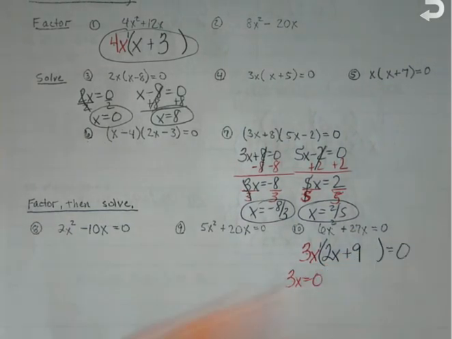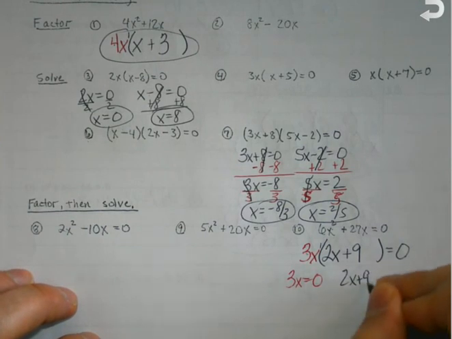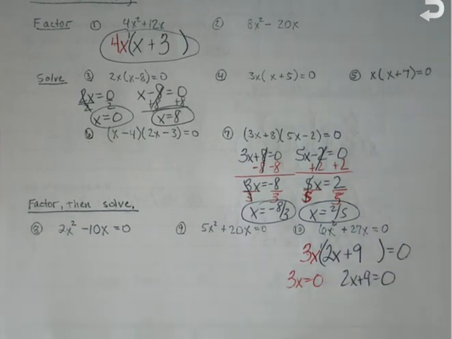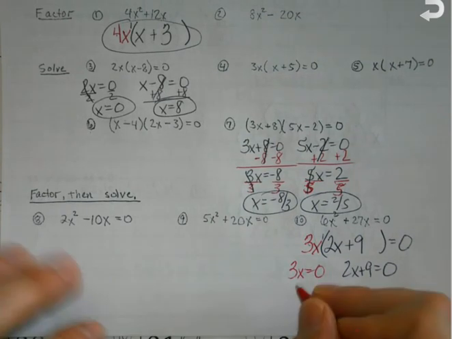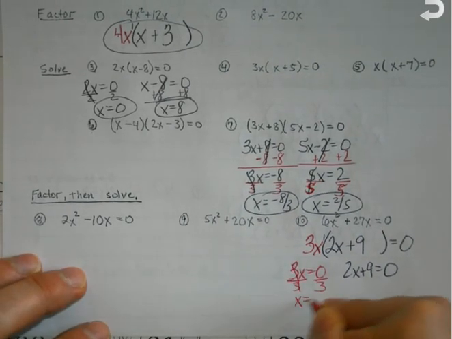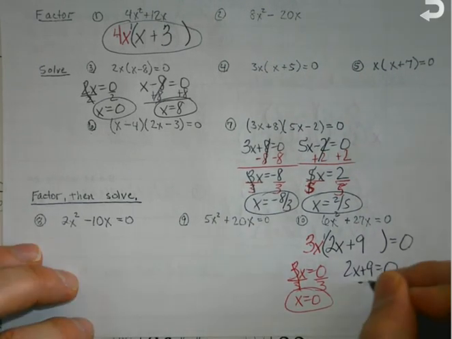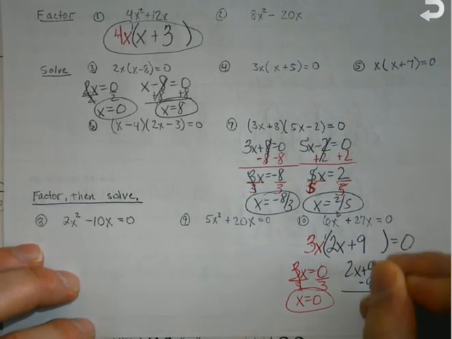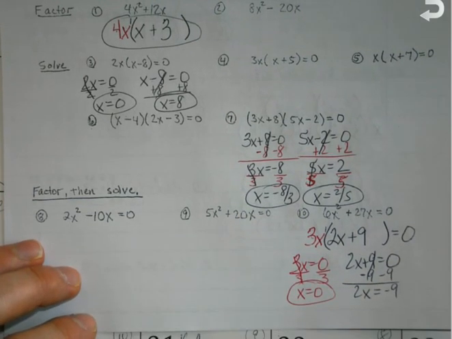Now I have to set each of those parts equal to 0. And I'm going to get my 2 answers, and sometimes, like I said, they'll come out really nice. And sometimes, well, not so much.